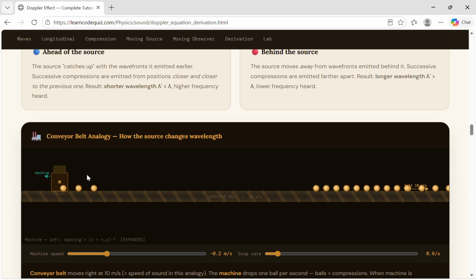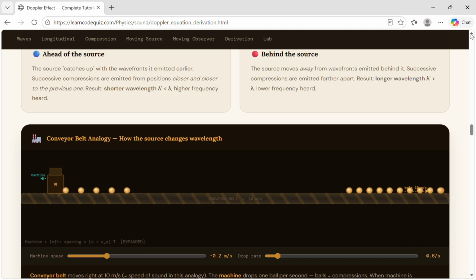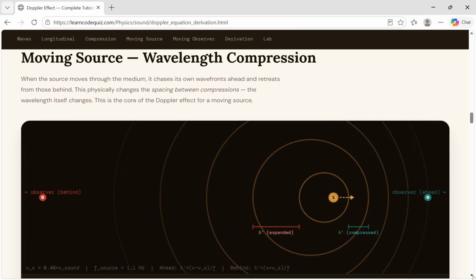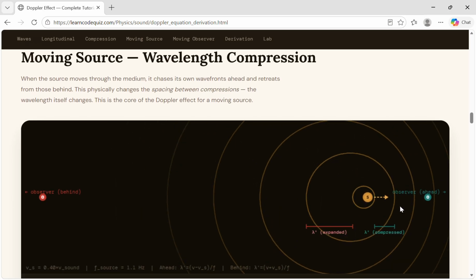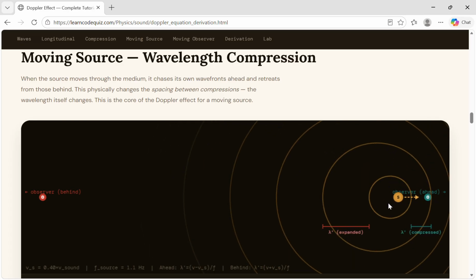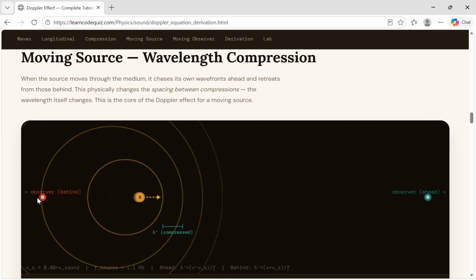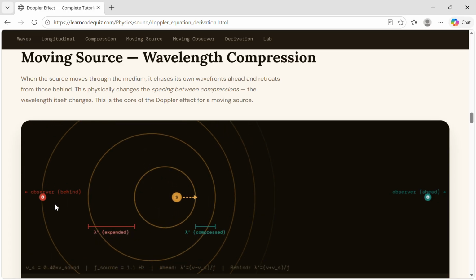So what is really happening? Really what's happening is, if my source is moving towards the observer, then the observer is going to see more compressions. Look at this. Source is moving towards the observer. Observer seeing more waves, more compression. If the source is moving away, there is less compression.